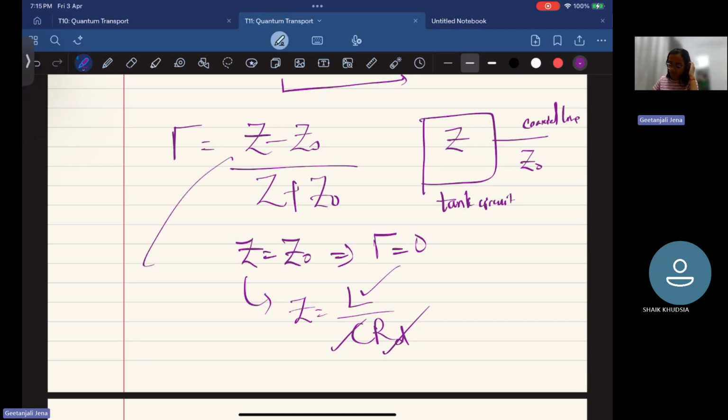Now Z is not equal to Z0, so you are taking different values of L, C, and R. For that case, the reflectivity will now increase. No matter whether you decrease the resistance or decrease the inductance or increase it, if you change it from this ideal value, the reflectivity will increase. Yes, gamma is the reflectivity.